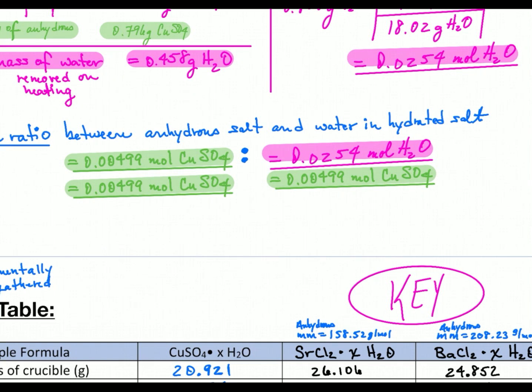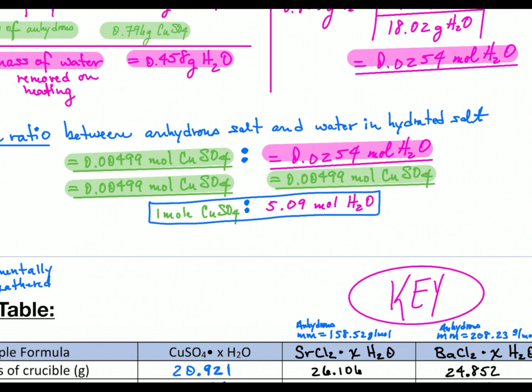When you do so, you're going to get 1 mole of CuSO4 to 5.09 moles of H2O. So this is going to be your experimentally determined mole ratio.